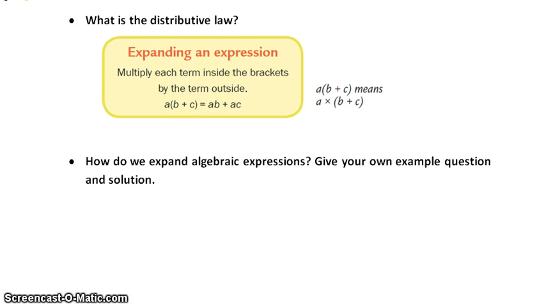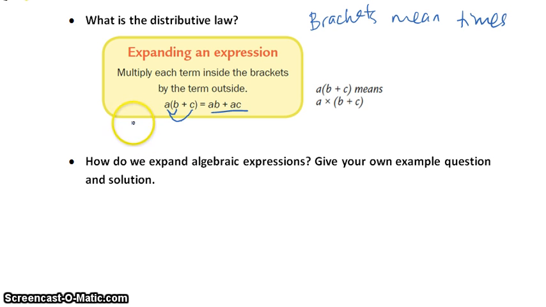What's a distributive law? Well, the distributive law says if you've got something out the front of brackets, you times the two things inside by what's outside to get the solution. Okay, so a brackets b plus c. In algebra, brackets usually mean times, and when we're expanding a bracket or expanding an expression, it's usually written in what we call factorized form.